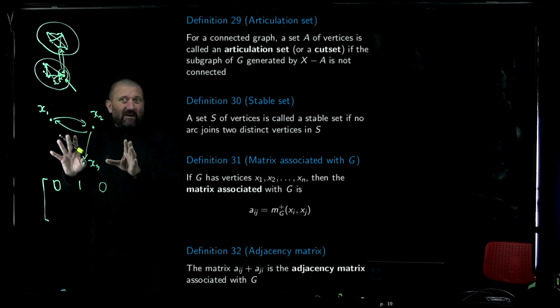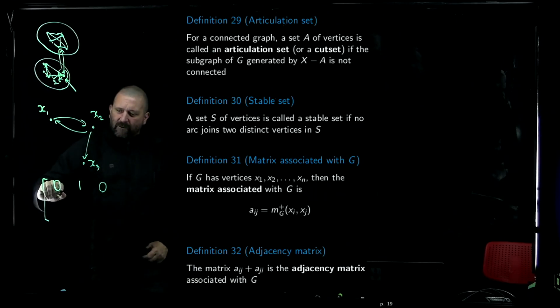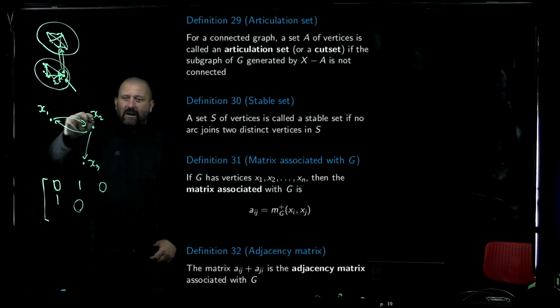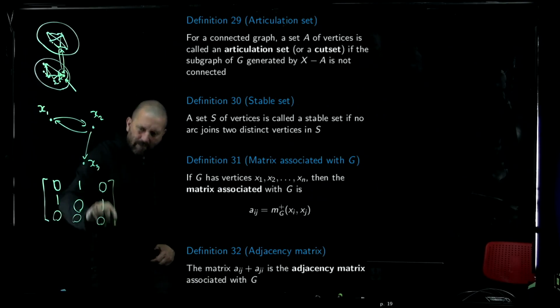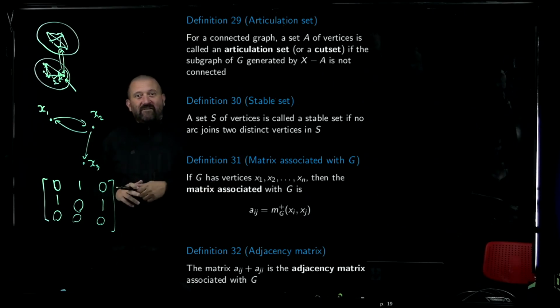I'm talking about arcs. From 2, I have an arc to 1. I have no arc to myself, and I have one arc going to 3. And from 3, I have no arcs.